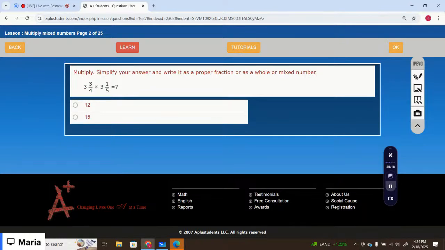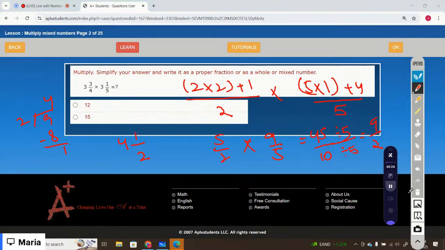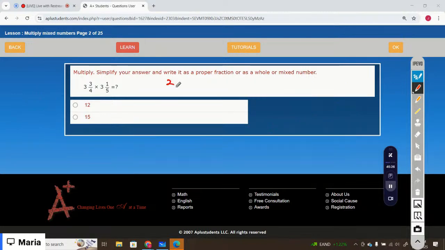Three whole 3 by 4 times 3 whole 1 over 5. So first thing you have to convert them to improper fractions. You have to do whole number times denominator and plus the numerator.